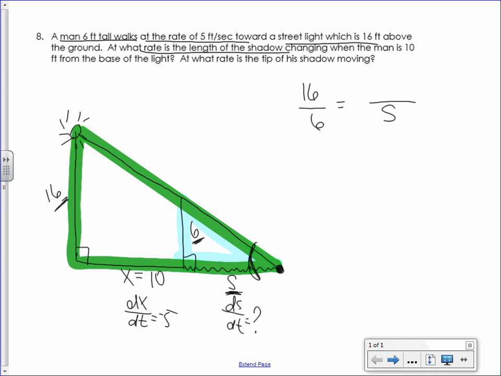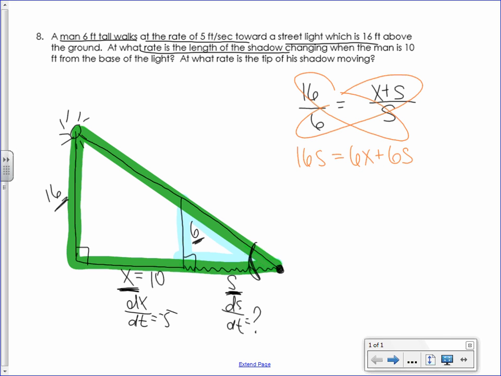Now the base of my big triangle is going to be this x plus S. Now since we have this proportion, we can go ahead and cross multiply. And that's going to give me 16S is equal to 6x plus 6S.